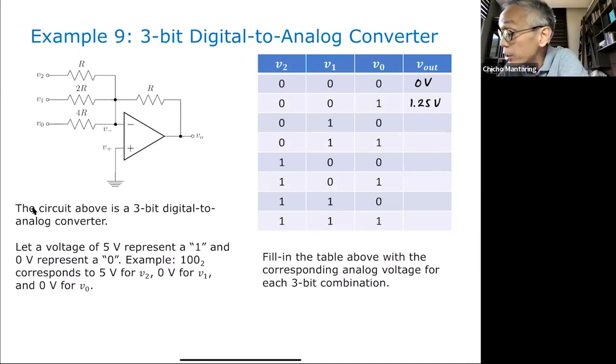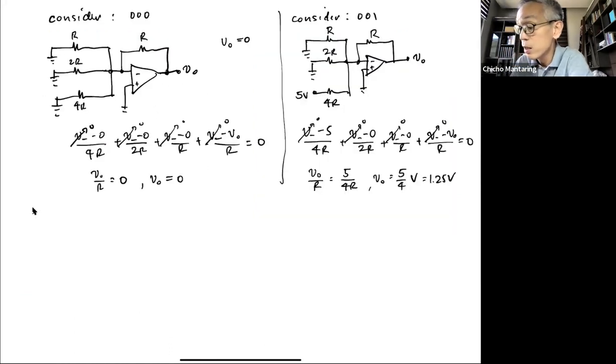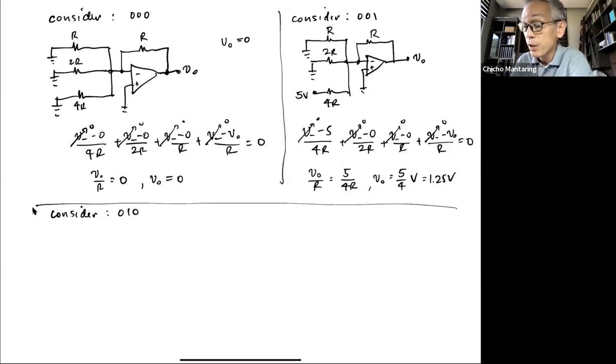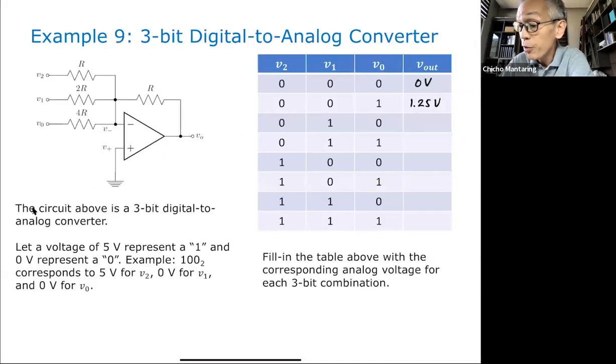Okay, now let me try this combination: 0, 1, 0. So consider 0, 1, 0. I will not redraw it. 0, 1, 0 means this is now my 5 volts. So this will be 0, this will be 0.